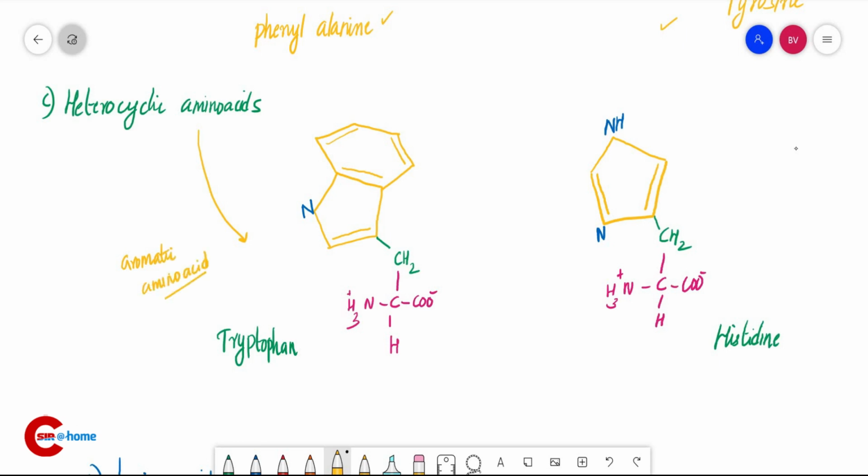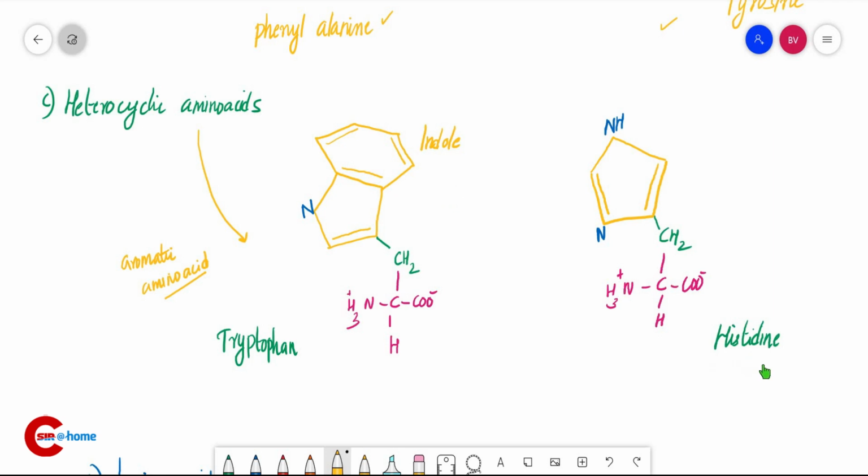Here you can see the base structure, and this group is known as indole group. Tryptophan contains indole group, that is heterocyclic. So, tryptophan and histidine both are examples of heterocyclic amino acids. Tryptophan contains indole.